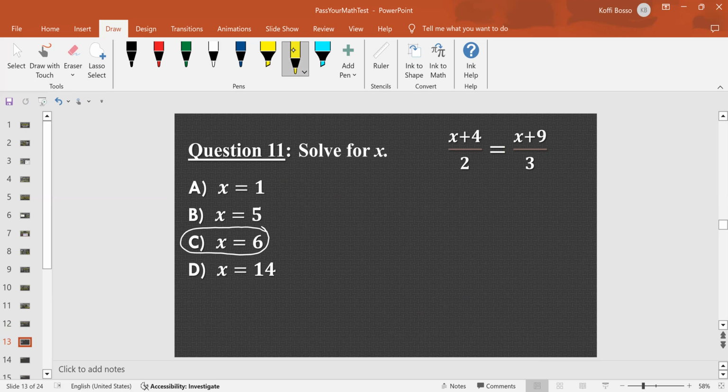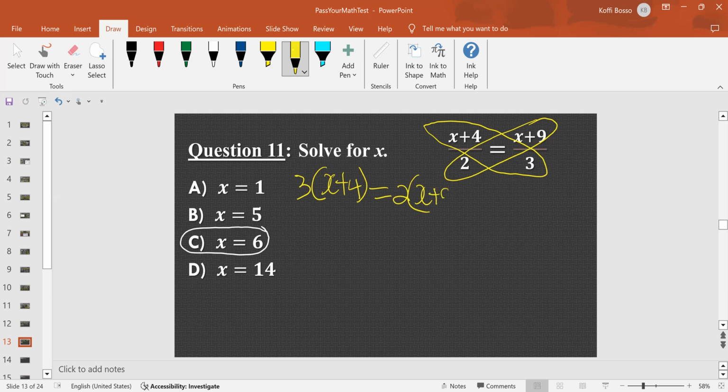You see, we have two fractions here, right? So because we have two fractions, to solve this equation, just cross multiply. Do it like this. It's like we are doing something about proportion. So you're going to take x plus 4, multiply by 3, which is the same as writing 3 times the parenthesis x plus 4, is equal to 2 times the parenthesis x plus 9.